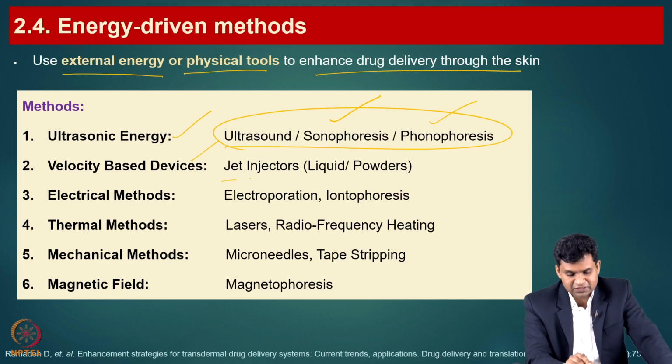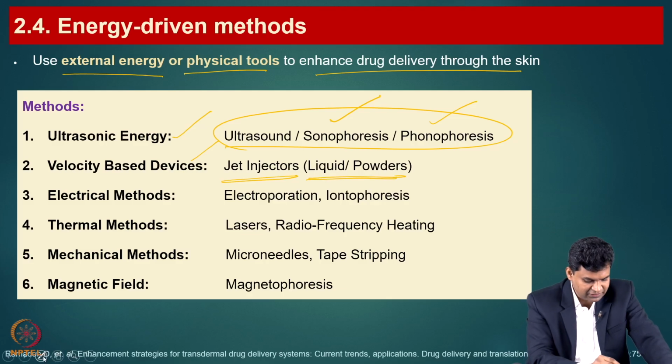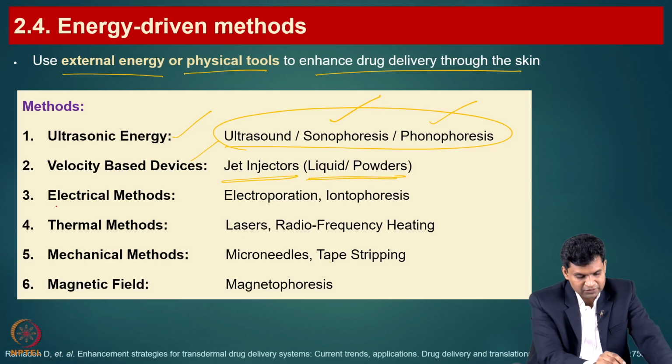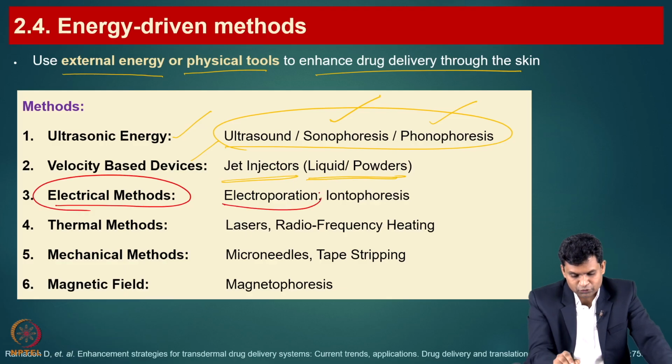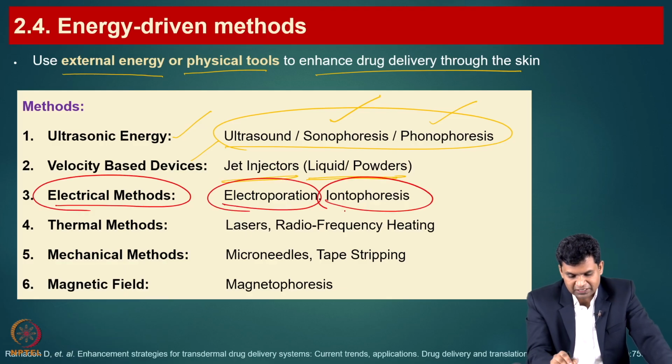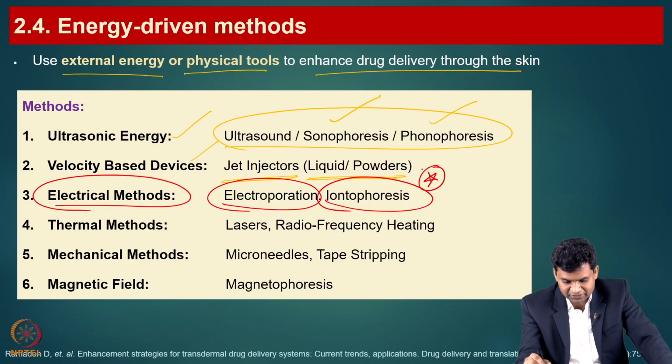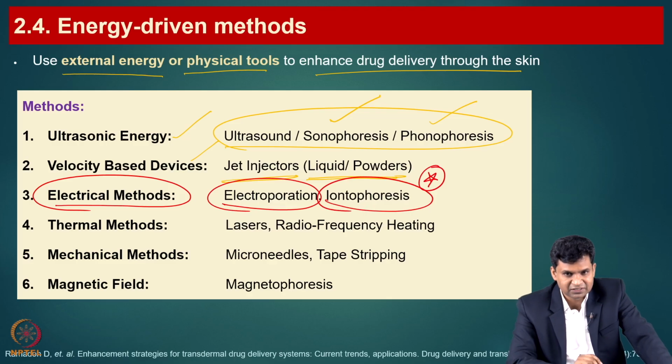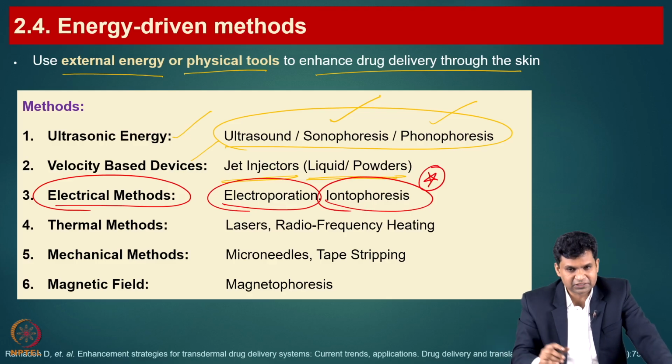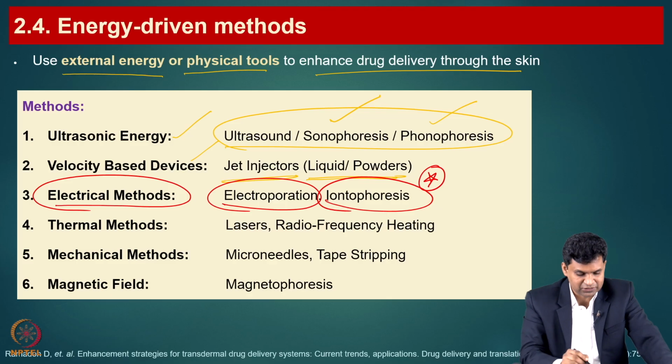Velocity based methods are the jet injectors, where you can deliver liquids as well as powders. Among the electric methods, electroporation is one of the great techniques, and iontophoresis is specially designed for transdermal patches, and people also use it for other formulations, especially ocular.